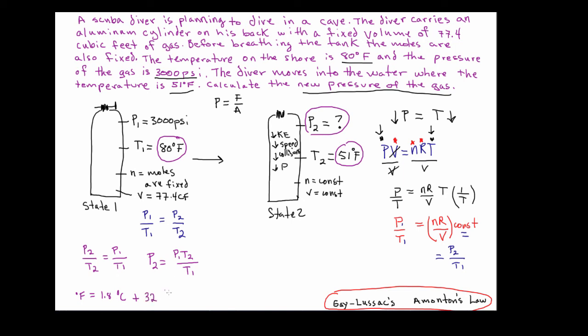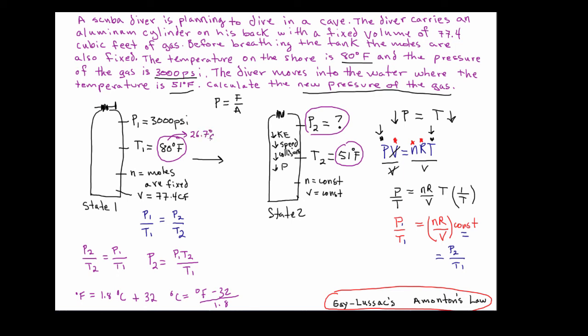So if we solve this equation for degrees centigrade, then degrees C is equal to the degrees Fahrenheit minus 32, over 1.8.